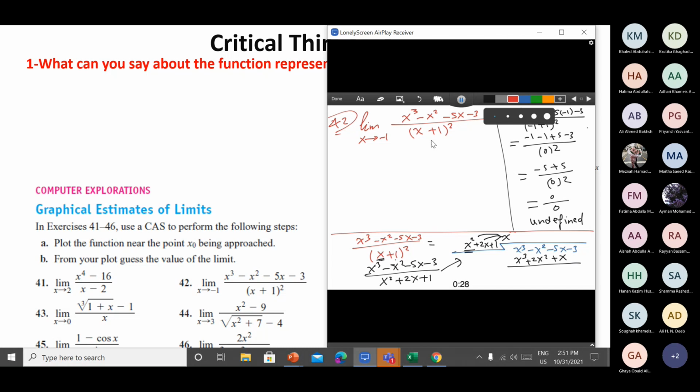Now you subtract, or you change the sign and add, it's up to you. Now this one will be cancelled, one positive and the other negative. Minus x squared and minus 2x squared will be minus 3x squared. Minus 5x minus x will be minus 6x, and I bring this minus 3 down.